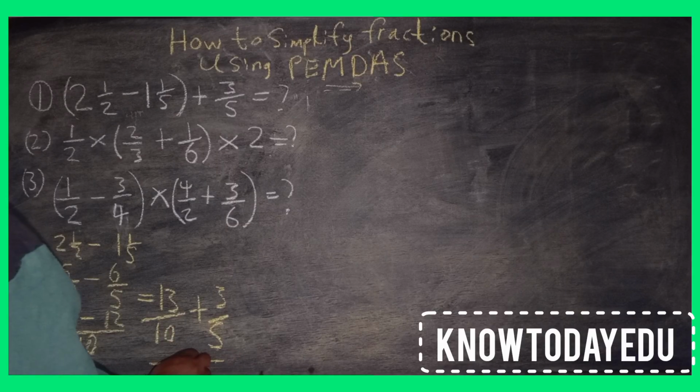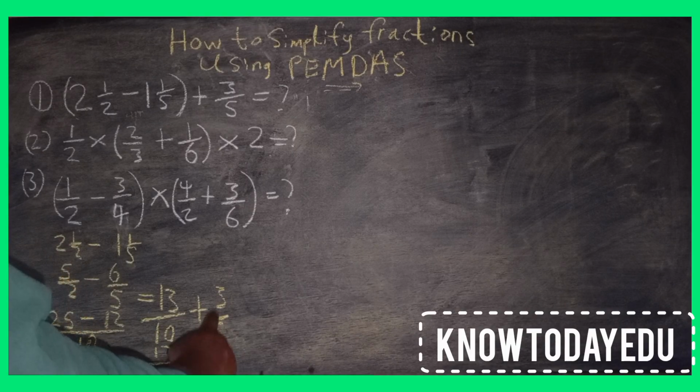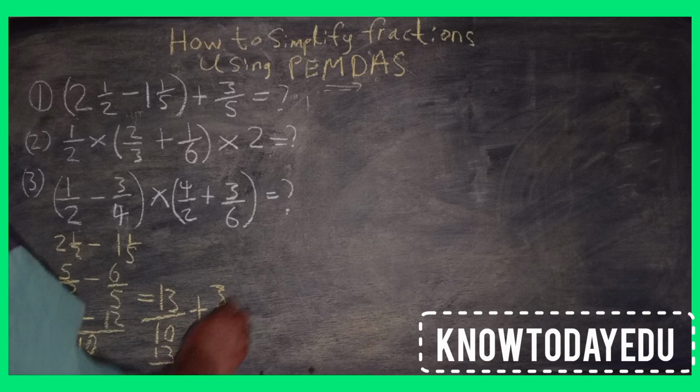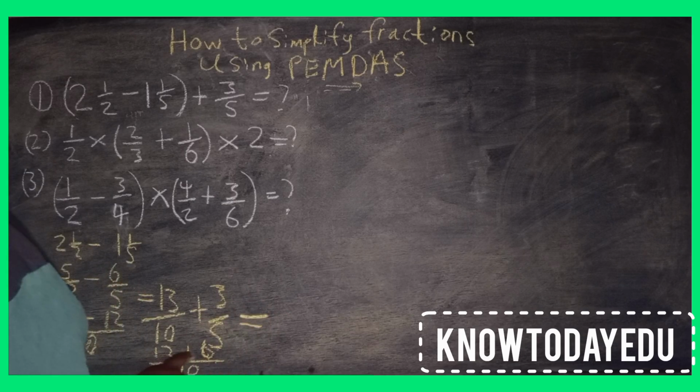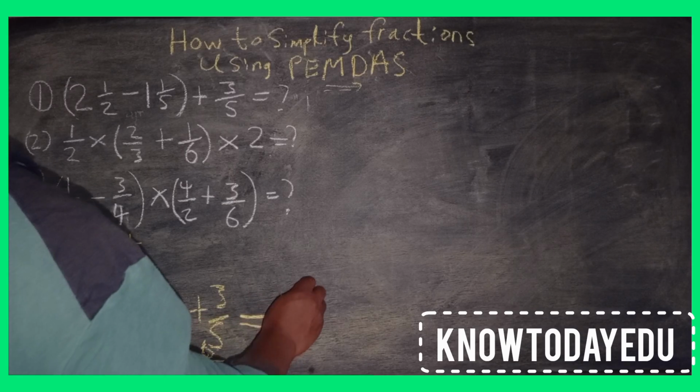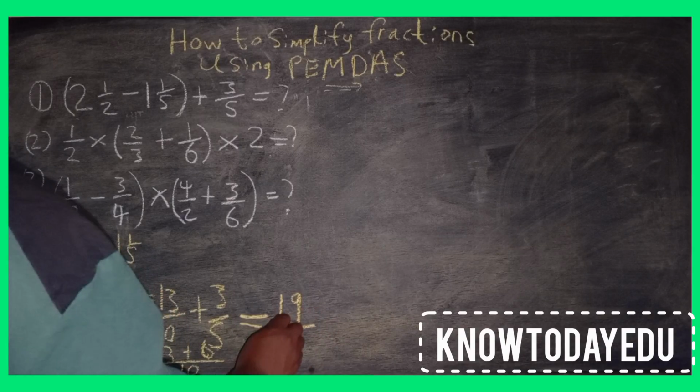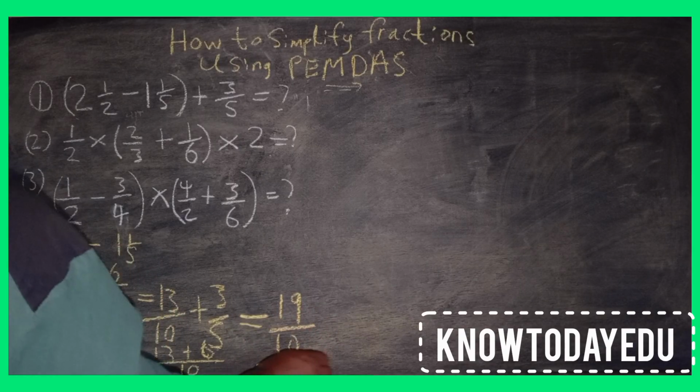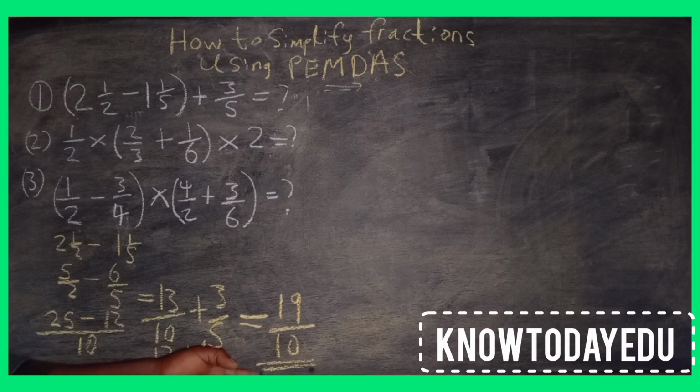Here LCM is still 10. 10 divided by 10 is 1. 1 times 13 remains 13 plus 10 divided by 5 is 2. 2 times 3 is 6. Okay, so this will be equals 13 plus 6 is 19 on 10. So this is the answer for the first example.